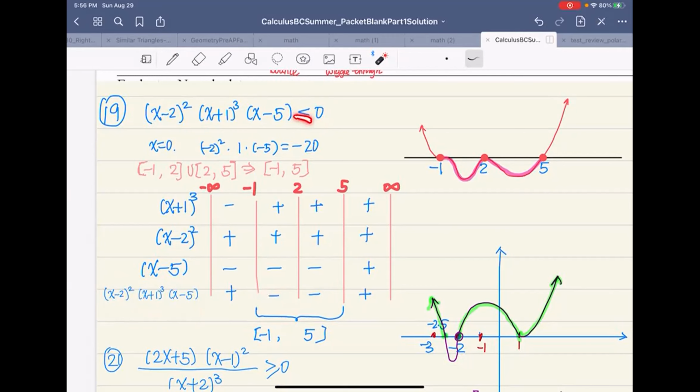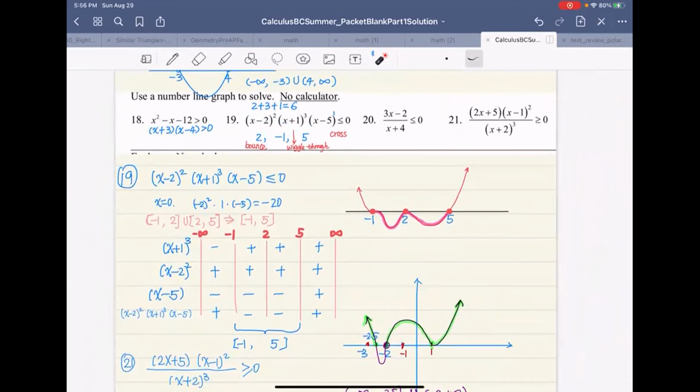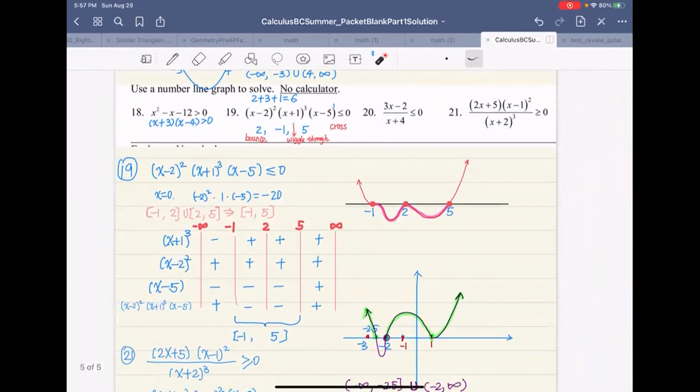Because it has an equal sign, so you include this. That's your answer. Does this make sense? Yes. Okay. Any questions so far?